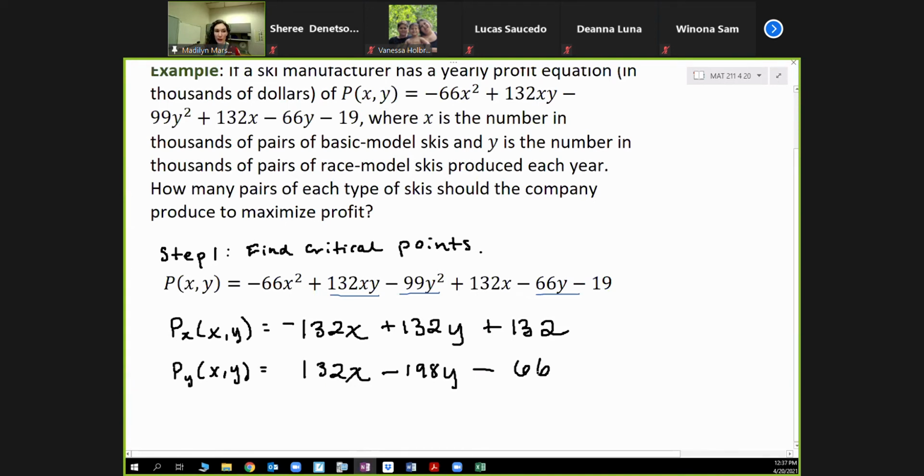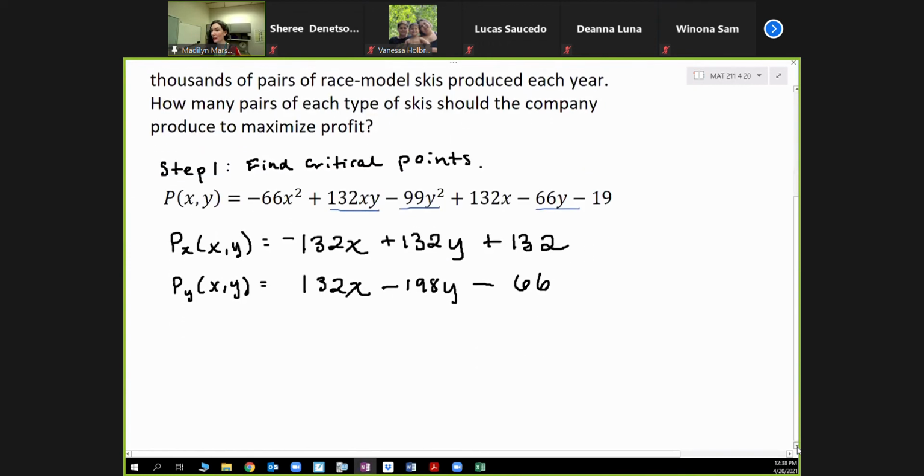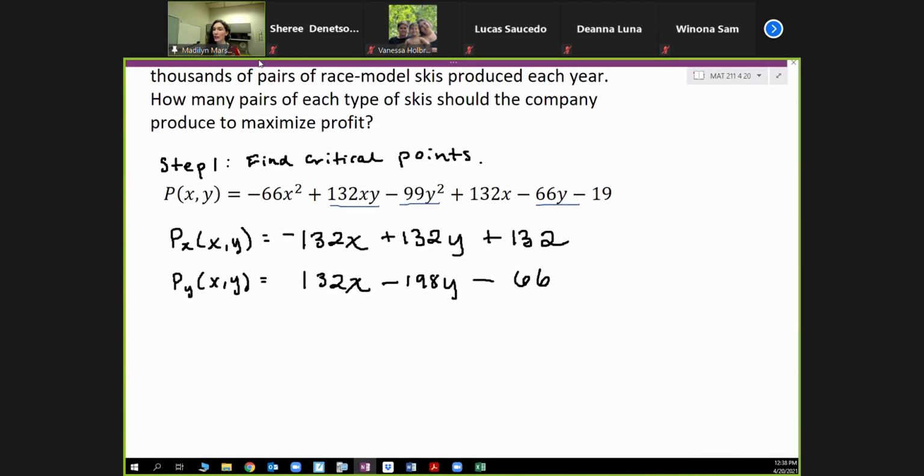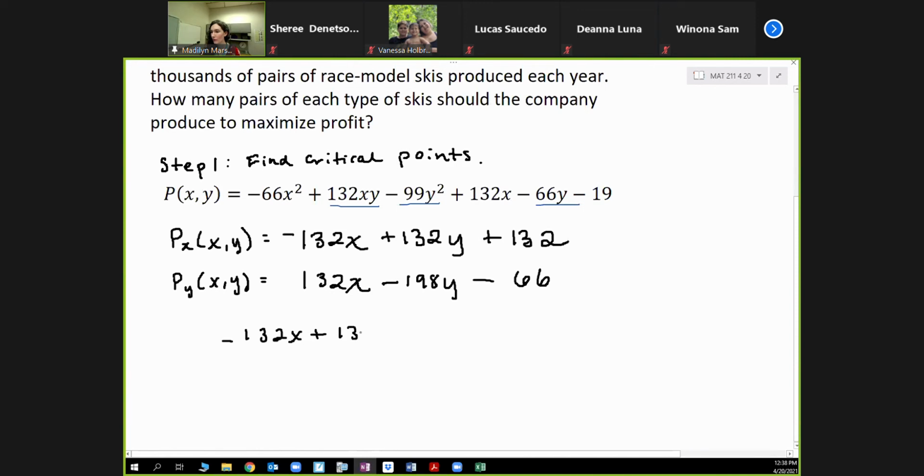In order to find critical points, we take the partial derivatives and we just set those equal to 0 and solve. So this one is a little bit more involved solving because both of these equations are going to have both x and y in them. So we're going to take each of those partials and set them to 0.